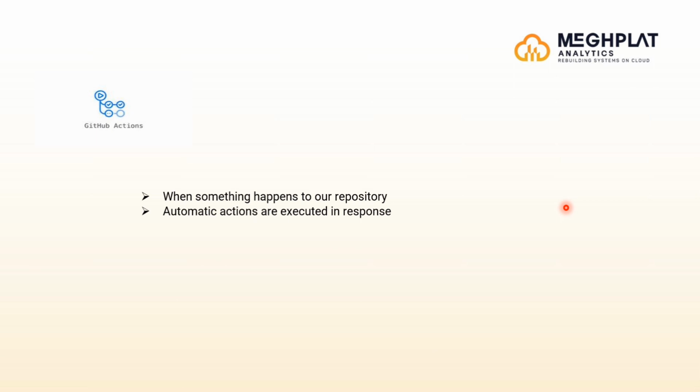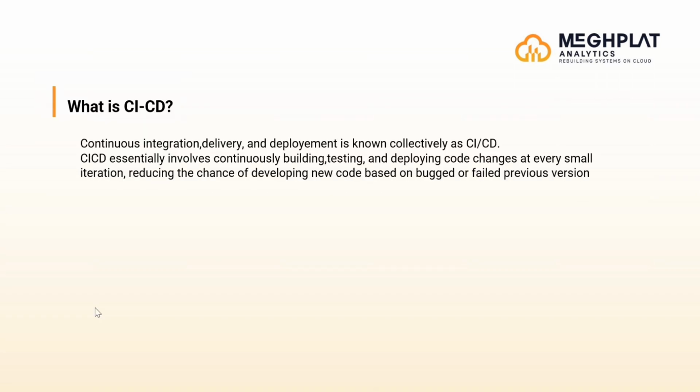The things happening in our repository are events in GitHub. Someone creating a pull request is an event, someone creating an issue is an event, someone joining as a contributor is an event, and merging a pull request is also an event.